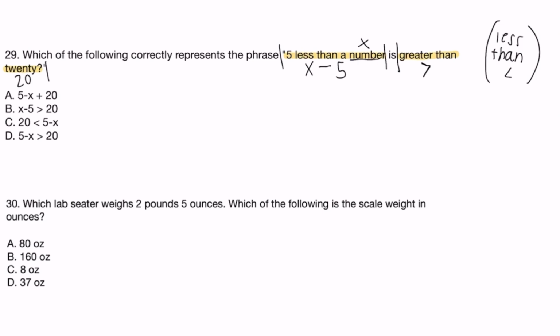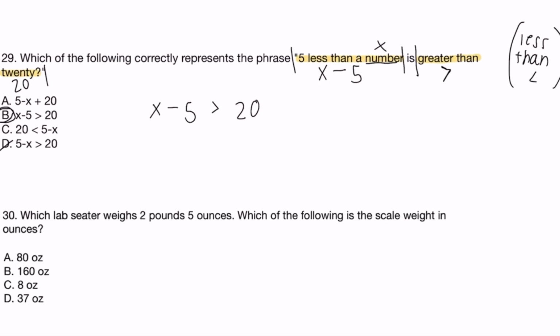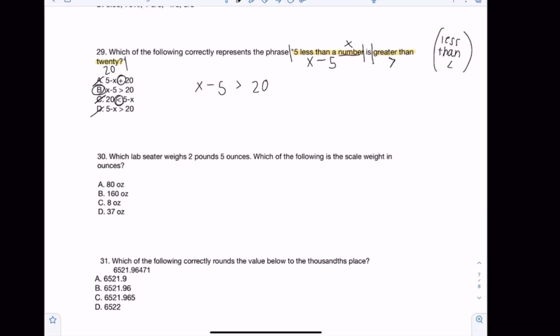Since we broke it down, we can bring it down. 5 less than a number is basically just x minus 5, is greater than 20. This one is saying plus 20, that's not it. And this one has a less than, so that's definitely not it.